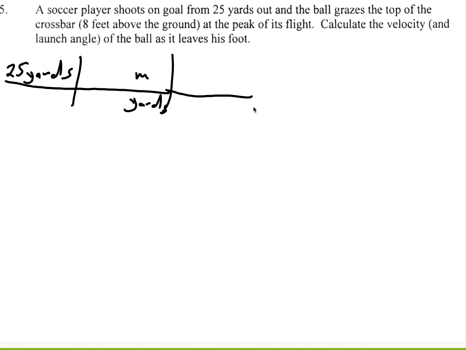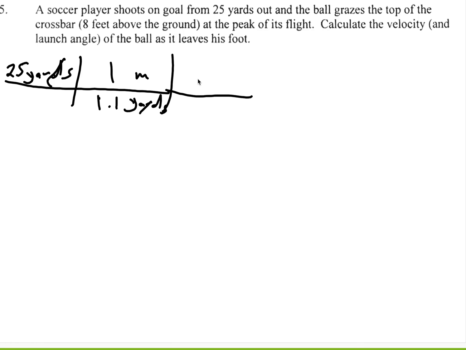I look at my conversion sheet, and I'm pulling it up right now. And I look to see how many yards are in 1 meter. And on my conversion sheet, it says that there is 1.1 yards in 1 meter. So the yards here will cancel. 25 times 1 divided by 1.1.